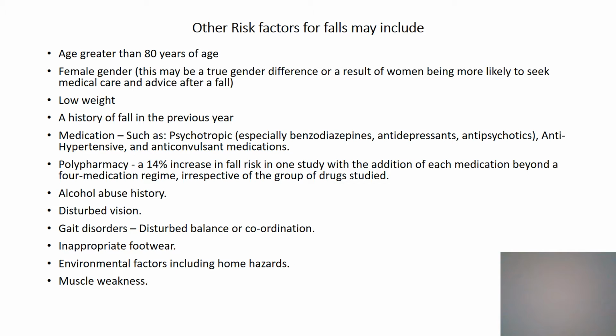We want to make sure that they're wearing good shoes, socks, anything that's going to have good grip on the floor so that they won't slide. And again, muscle weakness. You'll see it more in the elderly, but if their muscles are weak, we want to try to get them to do some type of exercise to increase those muscles.